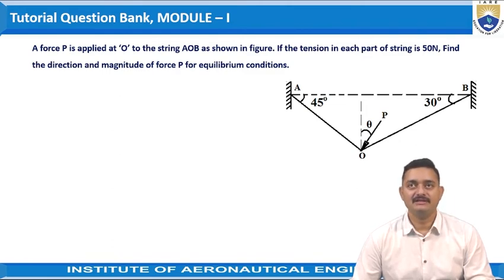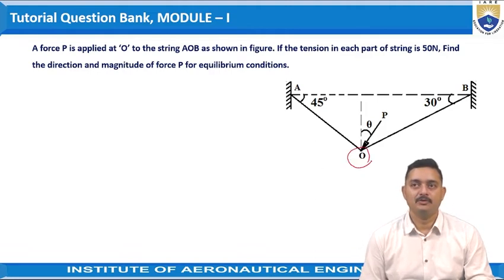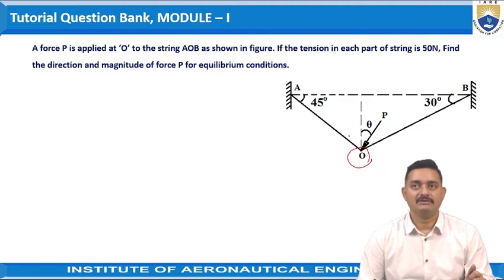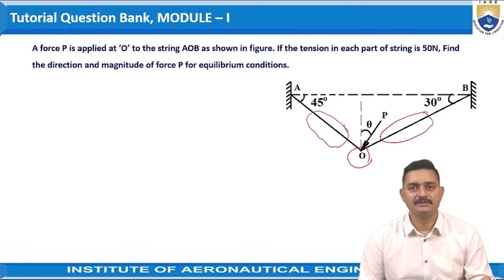The problem given is: a force P is applied at O, this is point O, to a string AOB, as shown in the figure. If the tension in each part of the string is 50 newtons, that means the tension acting in this part and the second part is 50 newtons, both the same.